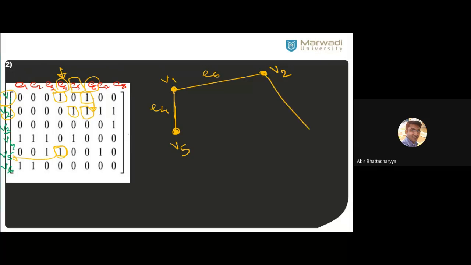So let's target E5. What is the other end of E5? Look at the column. It should be V4. Very good, Nakibulla. Very good, Anna. Okay. So we have introduced another two vertex, V5 and V4.